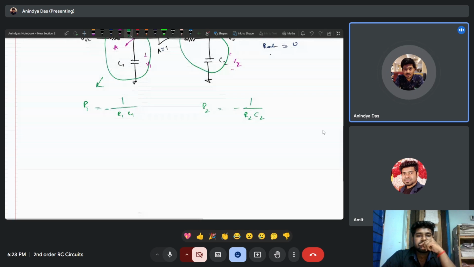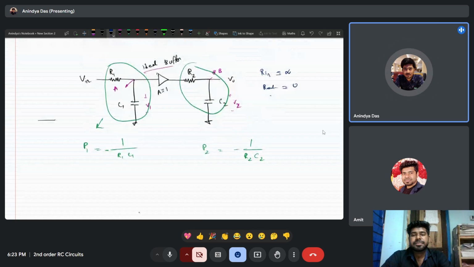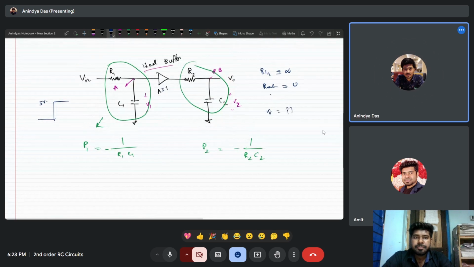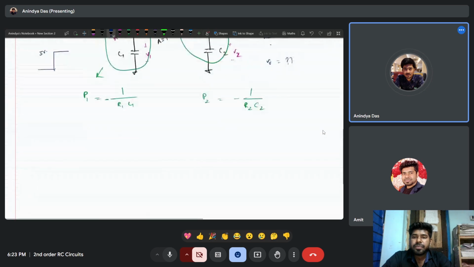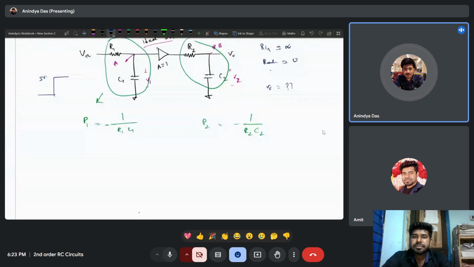Now our question is how the output behaves. Suppose we apply a step input V in, say a 5 volt step input. Now the question is what will be our V out? How will V out behave? In the previous section we said that the A and B nodes are completely isolated.